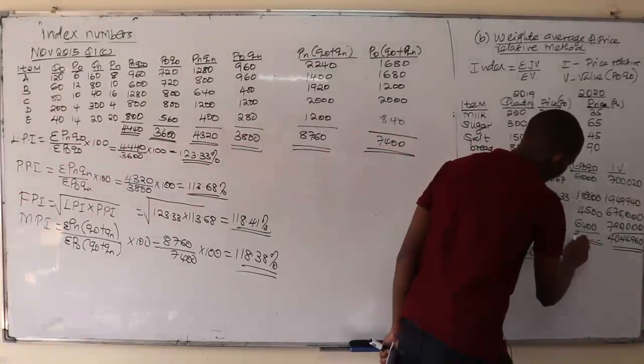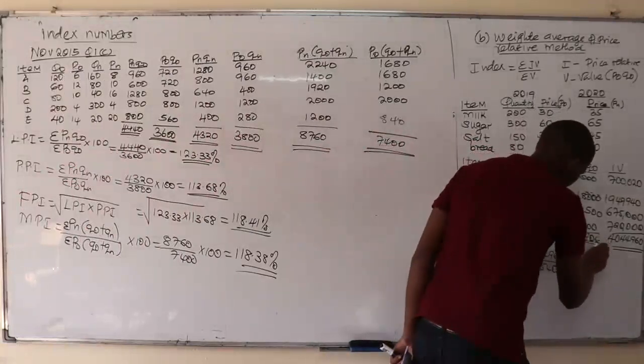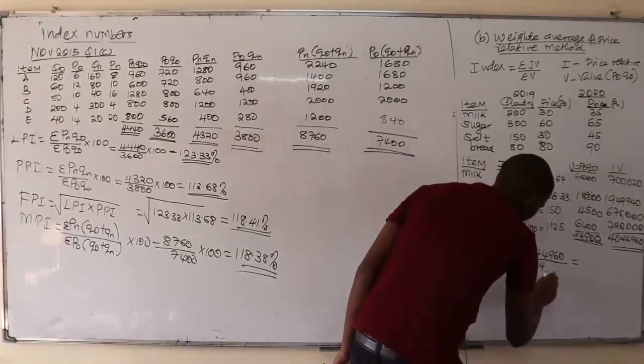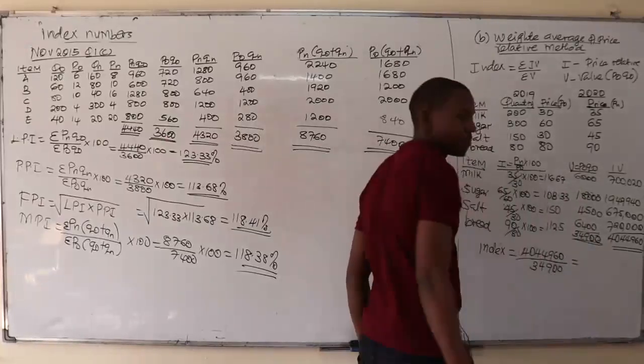34,900. So it is 34,900. So unapata ngapi ukidivide?